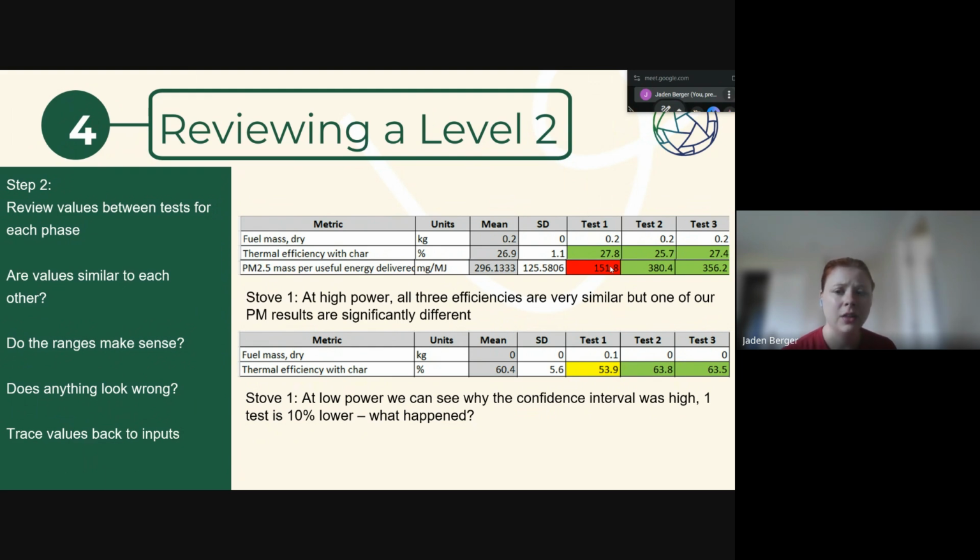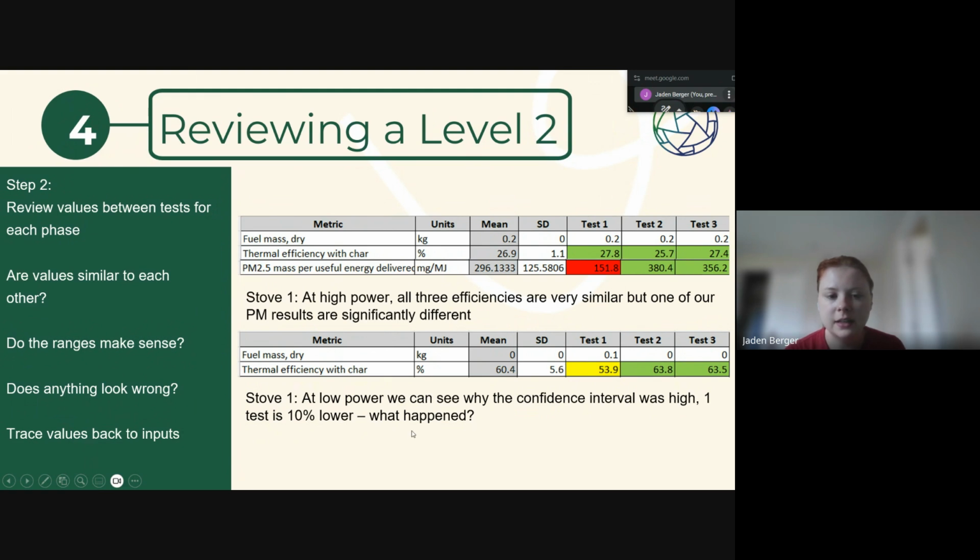So that's like a third difference in my PM results, even though I have the same thermal efficiency. So that's probably something that I should look at. That's going to cause a higher standard deviation and a higher confidence interval. And this could indicate that maybe something was off with my PM, or possibly something in my operating conditions was off, and maybe I need to redo test 1.